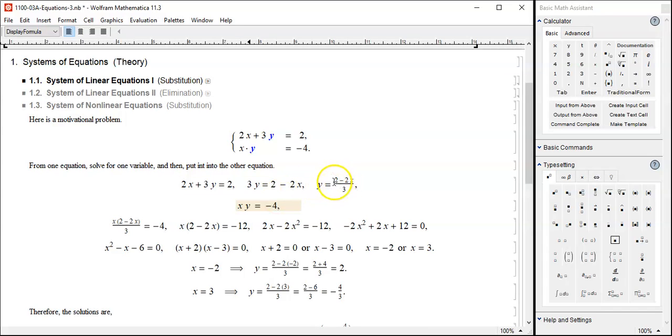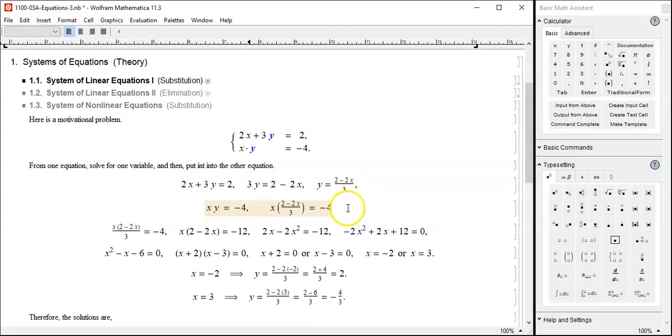And then here, I'm substituting y as this x expression. So x times, and this goes in there. Make sense? This one here, which I just highlighted in red, is going in place of this red.